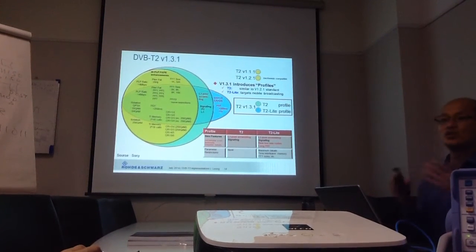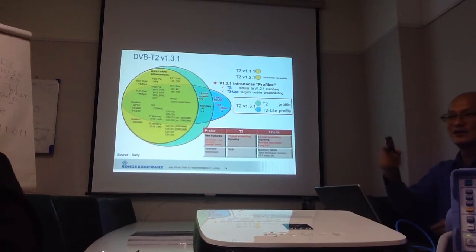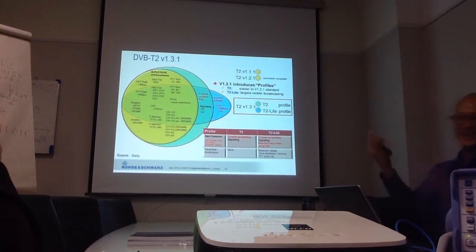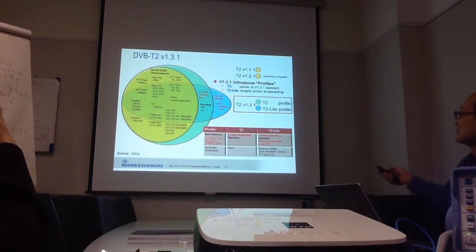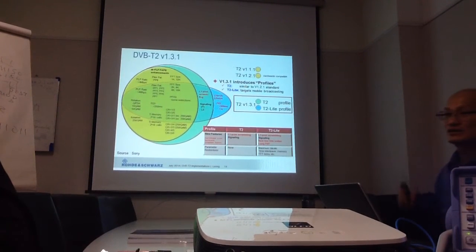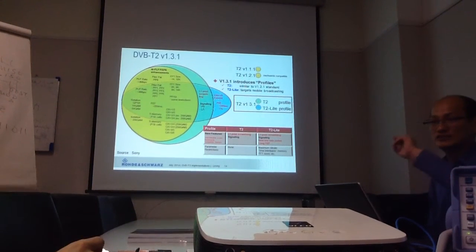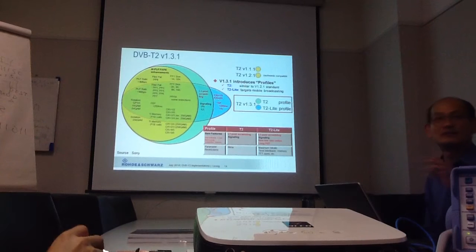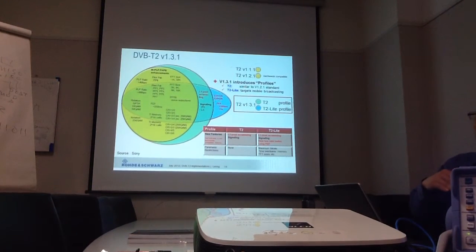But this one has no effect. The set-top box doesn't care. Maybe the non-T2 is not so critical. But if the post scrambling is turned on, the set-top box cannot receive. So if you turn it off, then it is 1.2. So most of the things are backward compatible for this purpose.